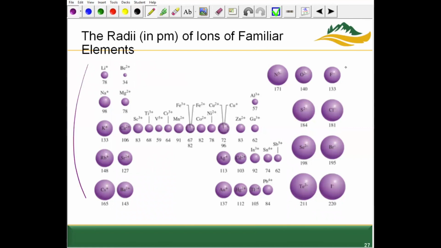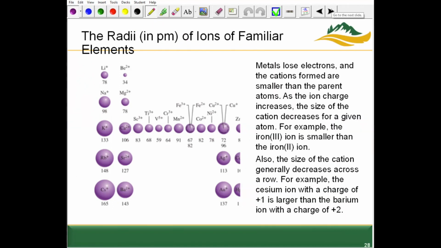Then here's a nice visual as well, just to look at some common ions like lithium plus, sodium plus, and our halogens, F minus, so fluoride, chloride, bromide. And just to point out the scale here, these are all in units of picometers, so really, really small. Within this visual, we can see that metals will lose electrons. We know that.